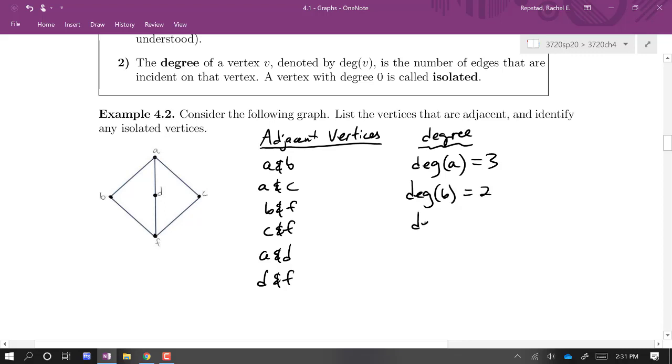The degree of C is also 2. The degree of D is also 2, and the degree of F is 3. So these are the degrees of all the vertices. Notice that there are no vertices with degree 0, so that means that there are no isolated vertices.